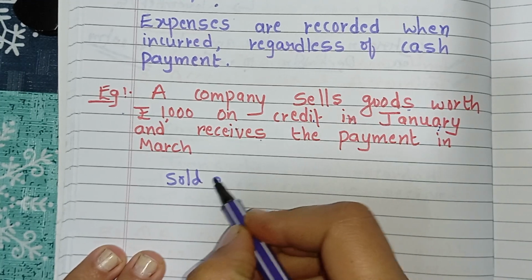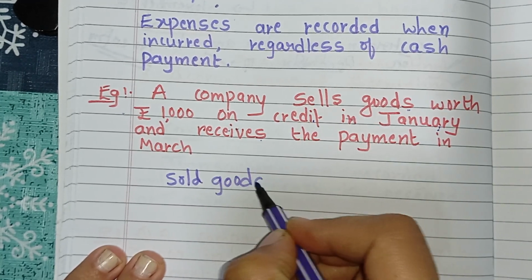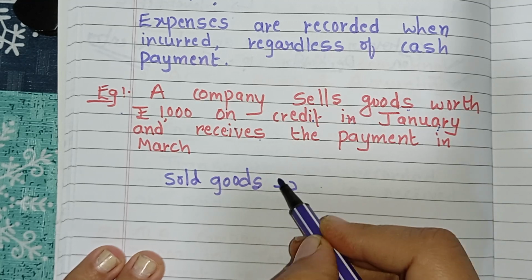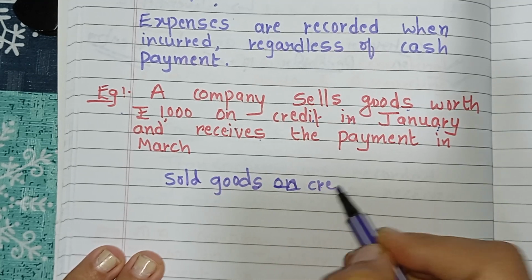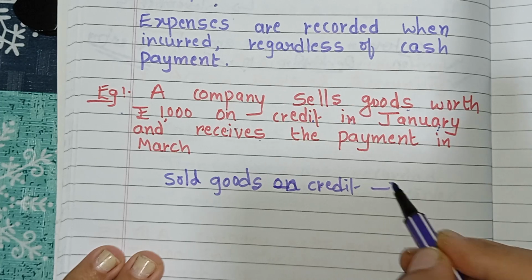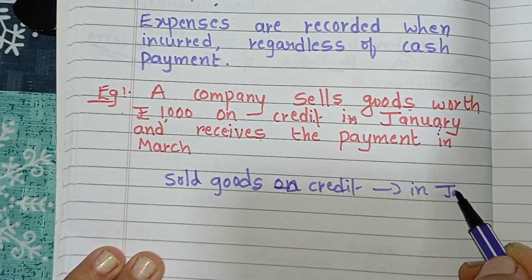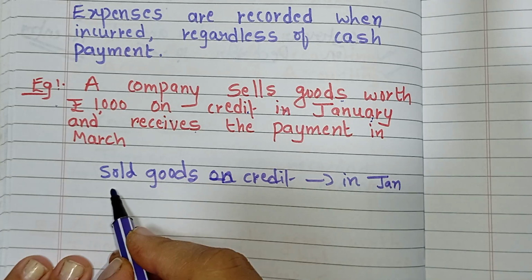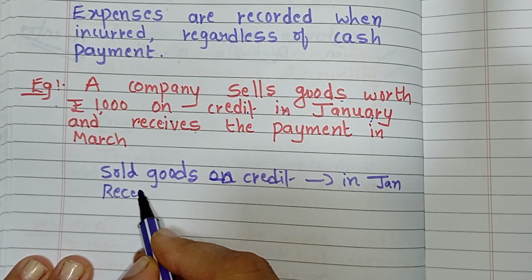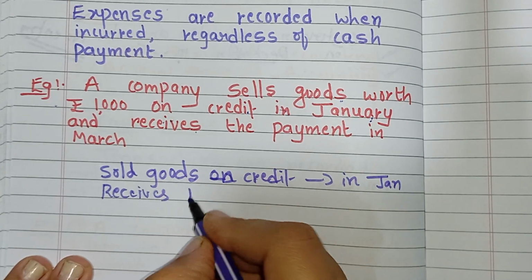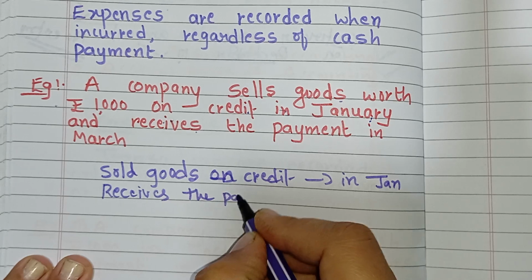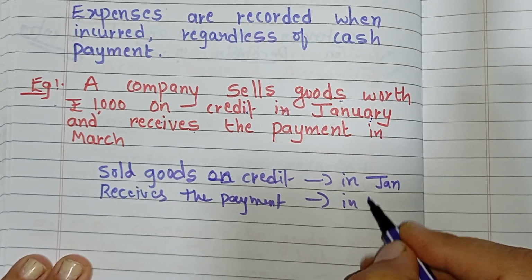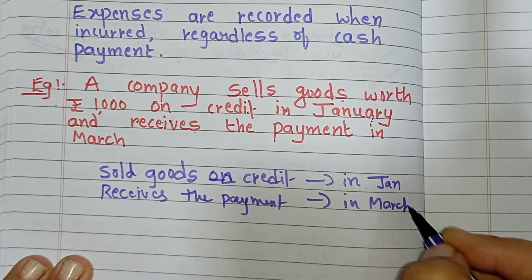Sold goods on credit in January. Fine. And receives the payment in March.